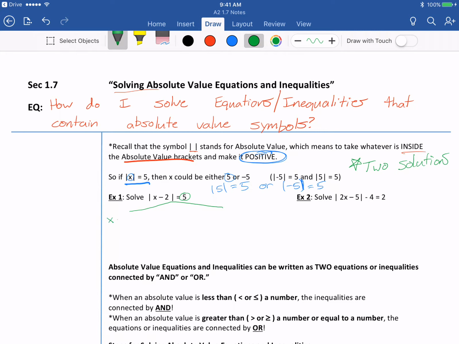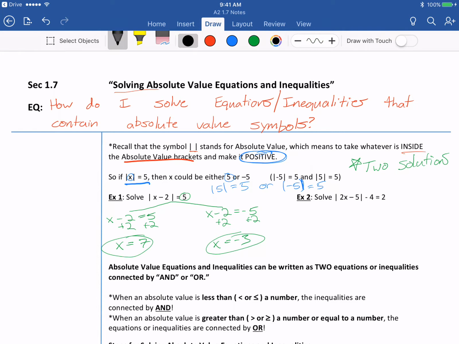I'm going to have x minus 2 is equal to 5, and x minus 2 is equal to negative 5. Now to solve these two equations, we add 2 to both sides, so I get x is equal to 7. And here, if I add 2 to both sides, I get x is equal to negative 3. So those are my two answers for this guy.